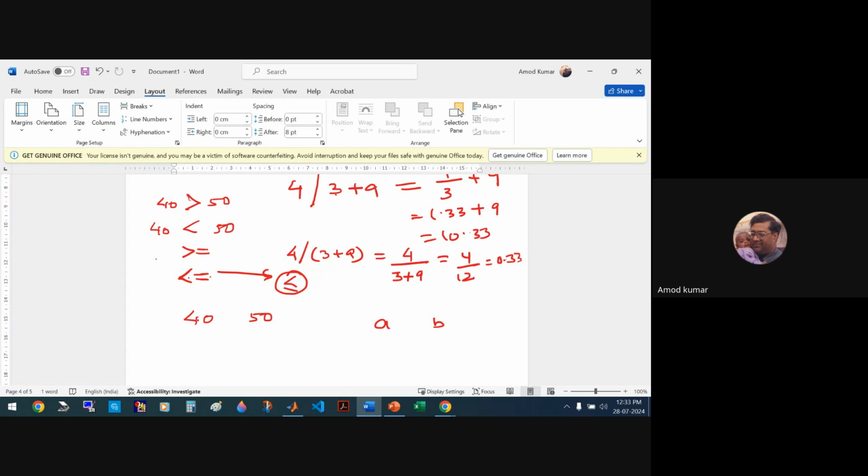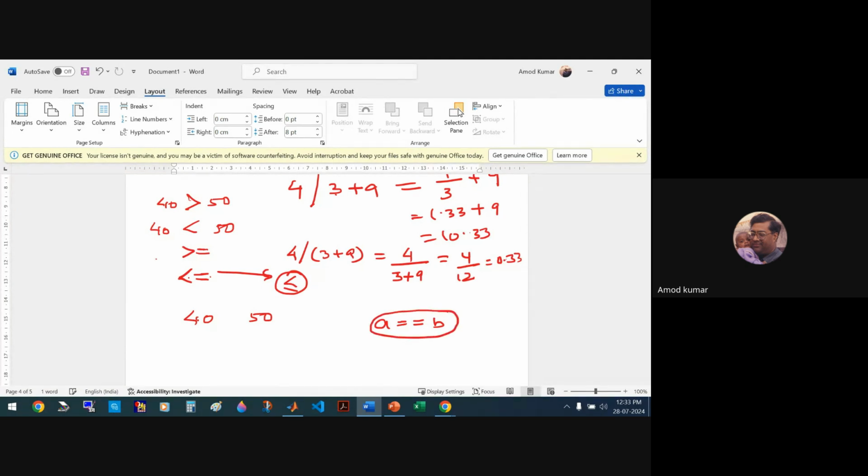So how will you write this? You will write it like this. There are two equal to signs. And when there are two equal to signs, it no longer remains an assignment operation. It's no longer an arithmetic expression; rather, it is a logical operation.